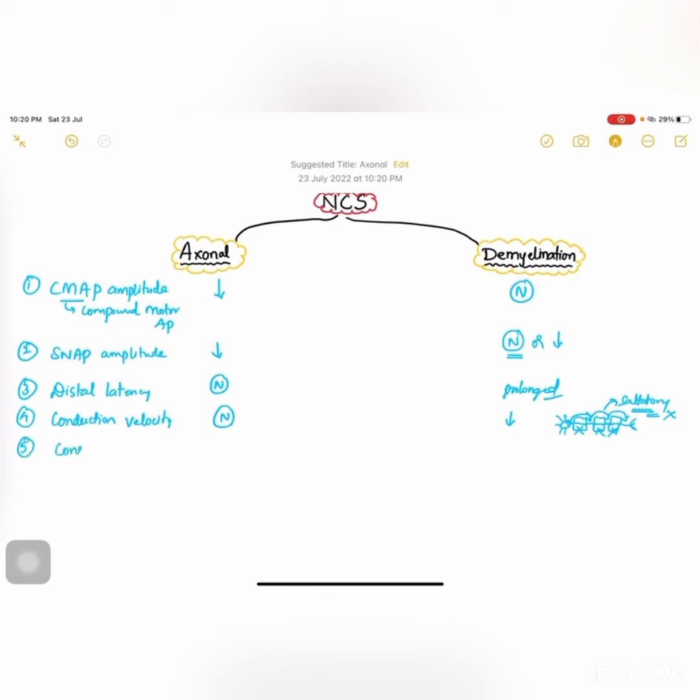And conduction block. Conduction block is a feature of demyelinating neuropathy. In demyelination, conduction block is present, whereas it is absent in axonal neuropathy. The sixth one is temporal dispersion.